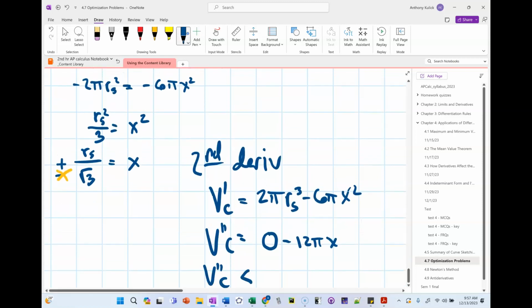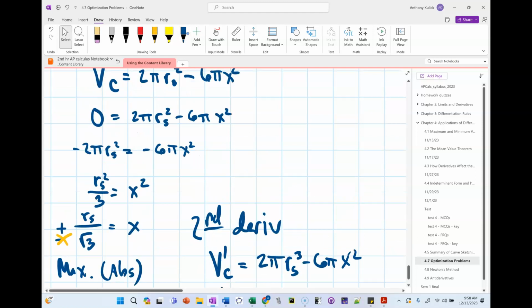So we know that is less than 0 for all x, which means this is a maximum, and not just any maximum, because it's the only critical value, and the function is going to be concave down everywhere. It's also an absolute maximum. Everybody feels good so far? Okay.